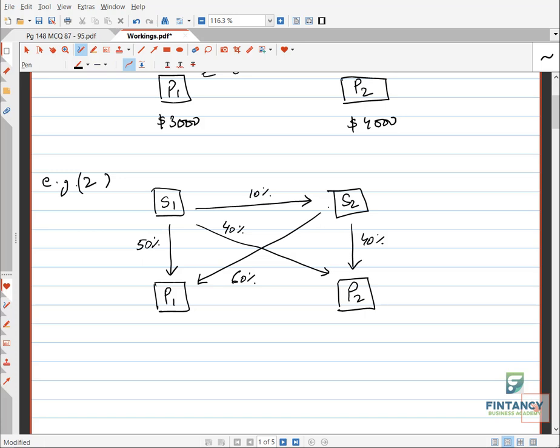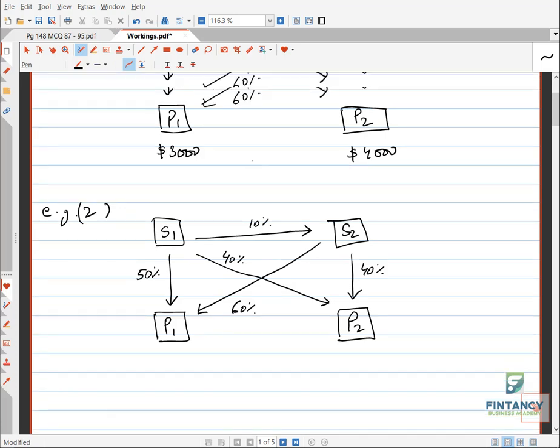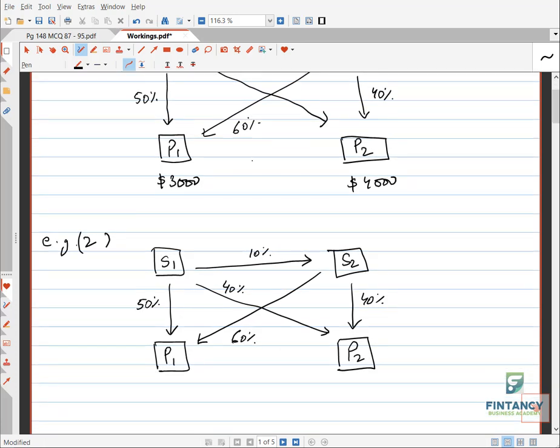Reciprocal means S2 will also give to S1, which is example number 3, which I will create after this one. Getting the story, everyone? So the reciprocal method will come in when S2 is also giving back to S1. But in this case, that is not the case. That's why the only applicable methods in example number 2 are the direct method and the step down method.